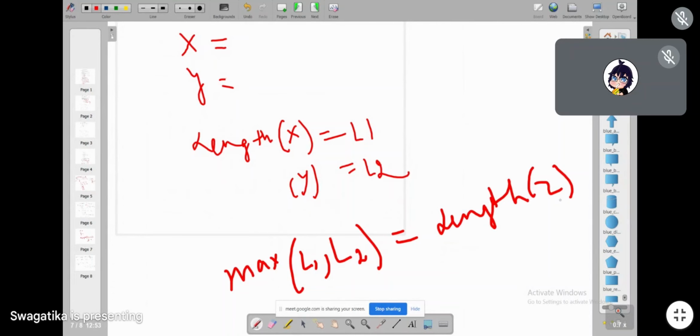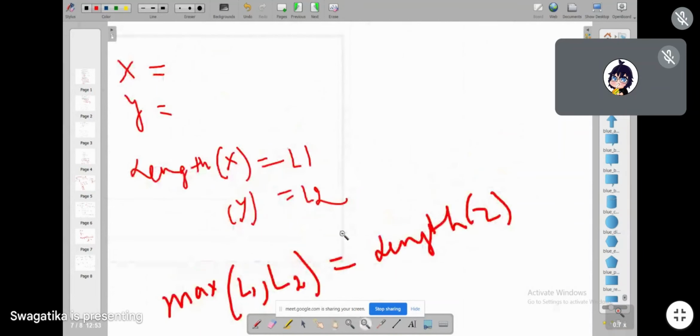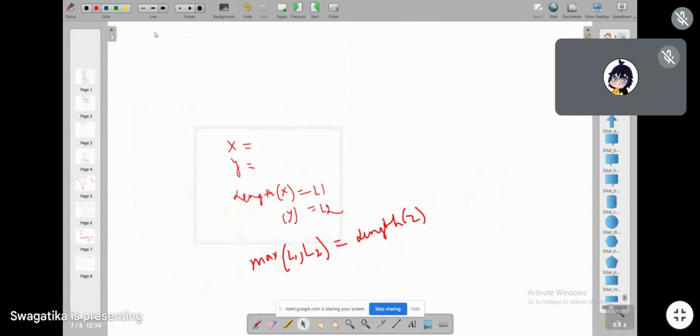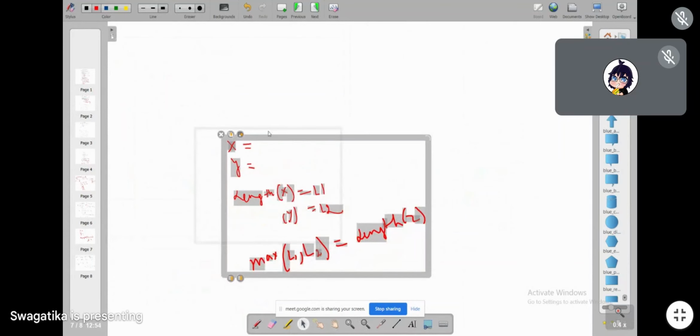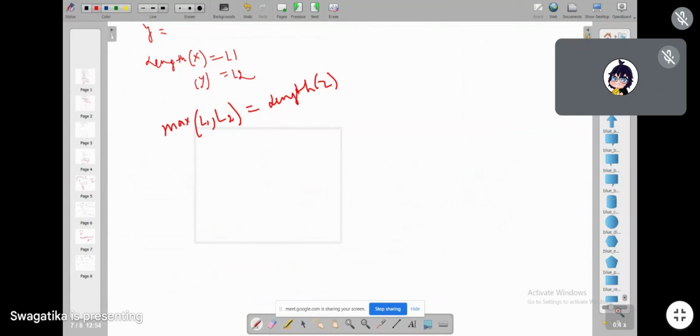Now zero padding, how will you do that? You will use an if else condition, L1 and L2 already given. If L1 is greater than L2, then you will add 0 in y, right? So it will be y, then your zeros.